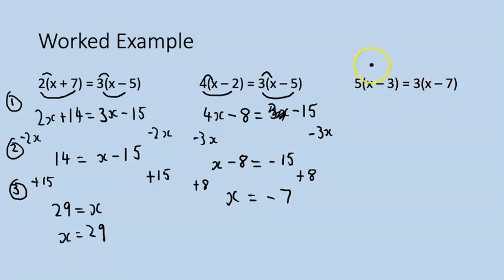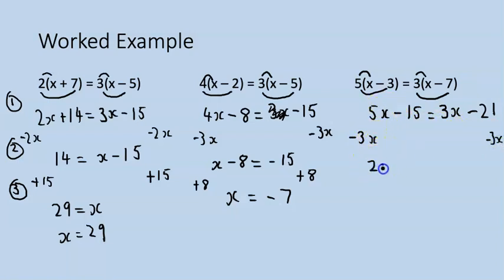Now for number 3. I'm going to multiply 5 on both sides. 5 times x gives me 5x. 5 times minus 3 is minus 15. 3 times x is 3x. 3 times minus 7 is minus 21. Now I'll take away the smaller x. 5x take away 3x is 2x.